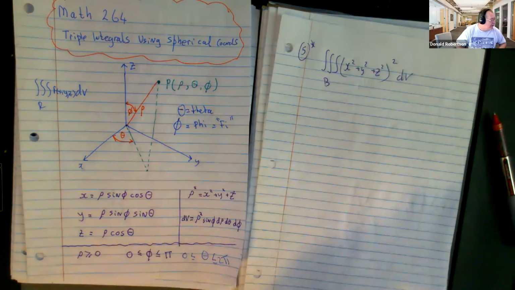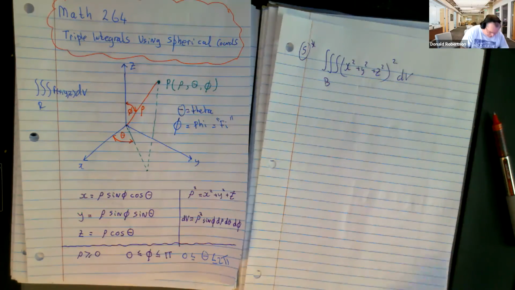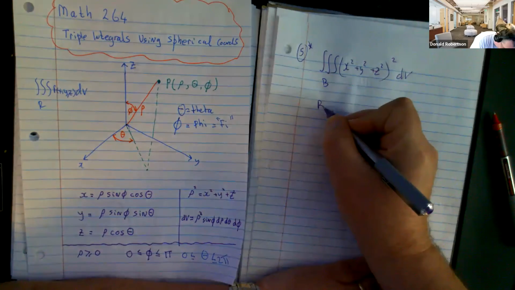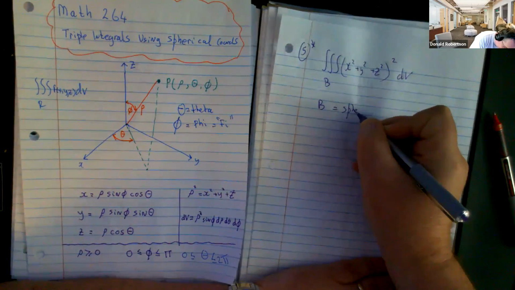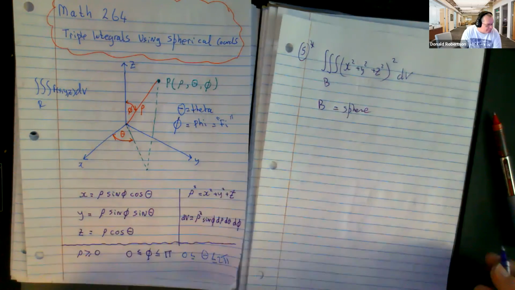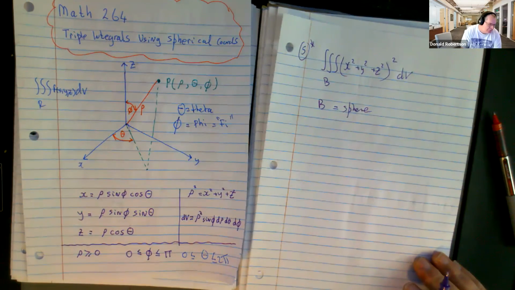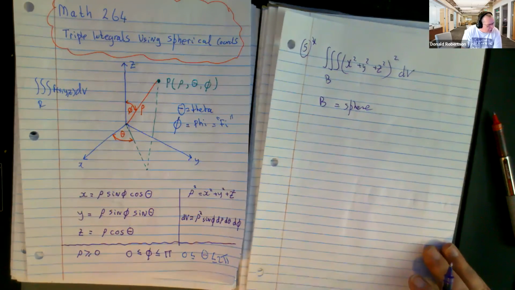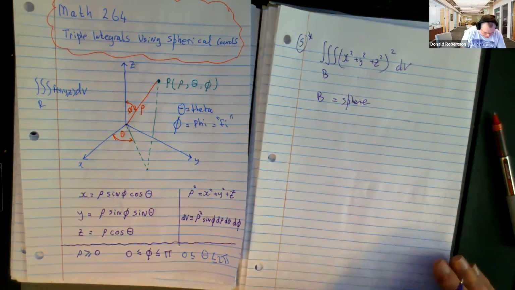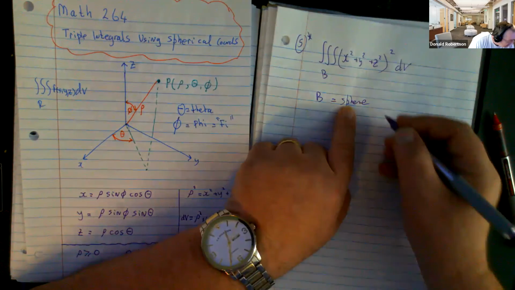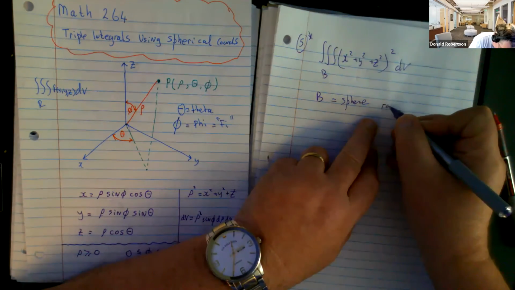And oh, they are so nice to us. B is a ball. I don't know why they're calling it a ball. Can we call it a sphere? Isn't a sphere just a ball? I don't know why. Anyway, it's a sphere, and its radius is 1.